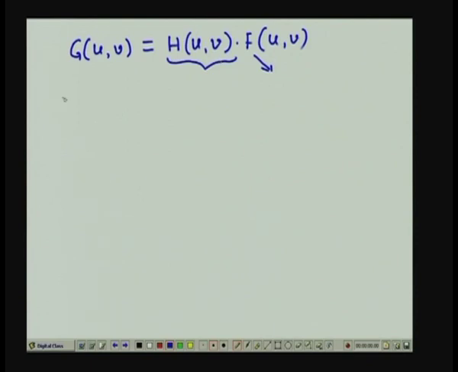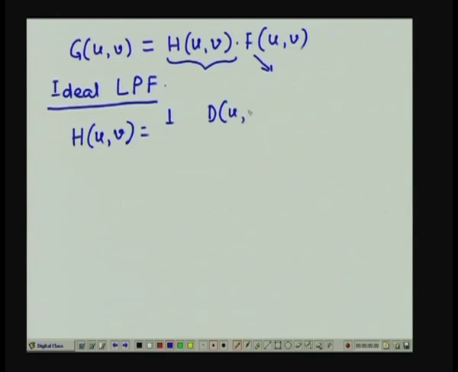Now, here we will consider an ideal low pass filter, where we will assume the ideal low pass filter to be like this: H(u,v) is equal to 1 if D(u,v), where D(u,v) is the distance of the point (u,v) in the frequency domain from the origin of the frequency rectangle, is less than or equal to some value, say D0, and H(u,v) will be equal to 0 if the distance from the origin of the point (u,v) is greater than D0.